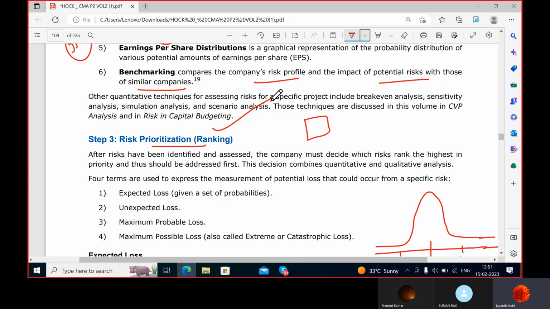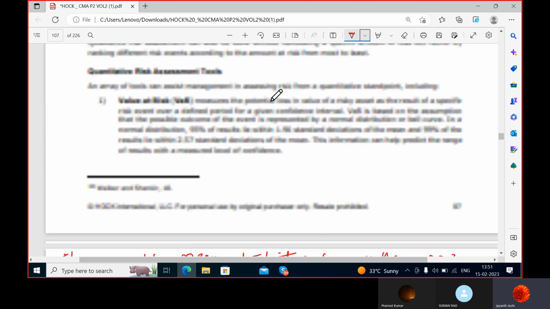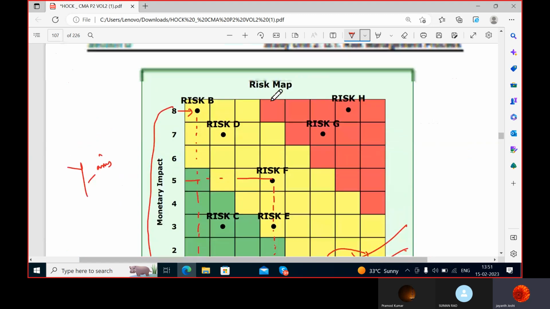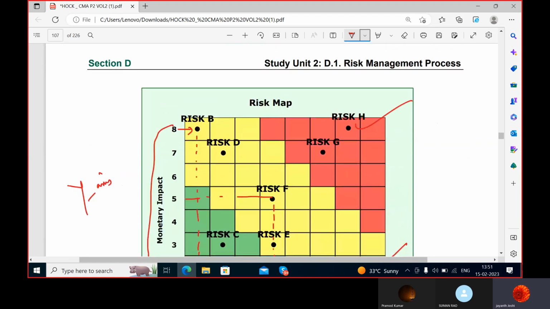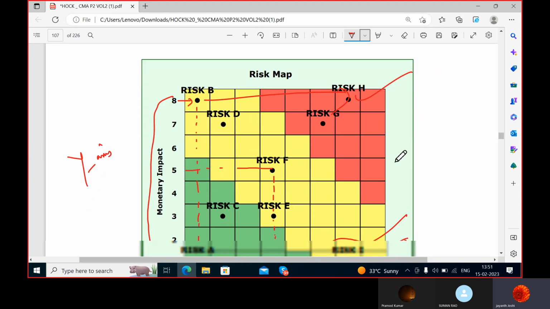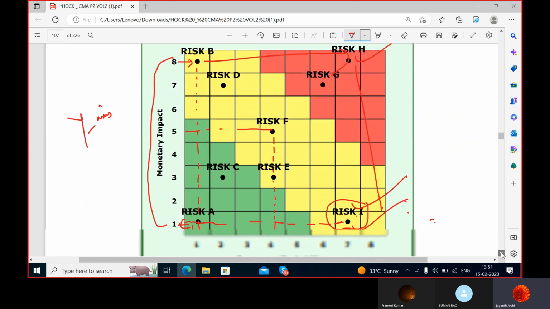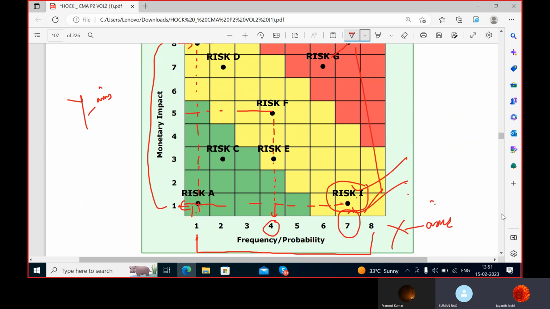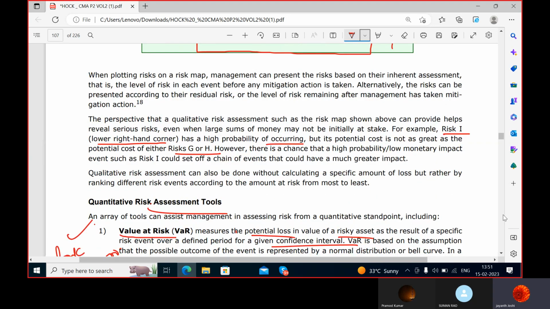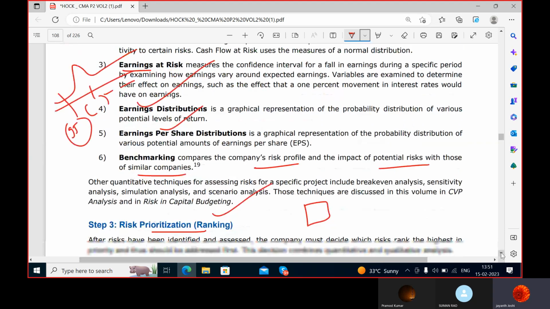We have already seen the map now. In this map, risk H is something whose monetary impact is the highest and whose frequency is also the highest. Correct? So our aim would be to minimize that kind of risk first, instead of the first one, A. Am I right? Yes? Okay.